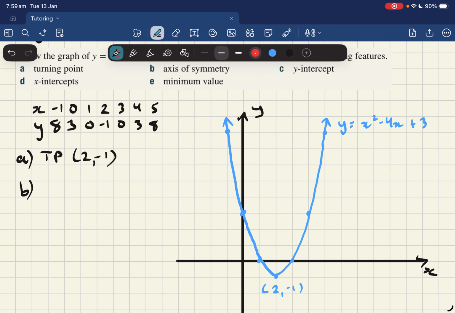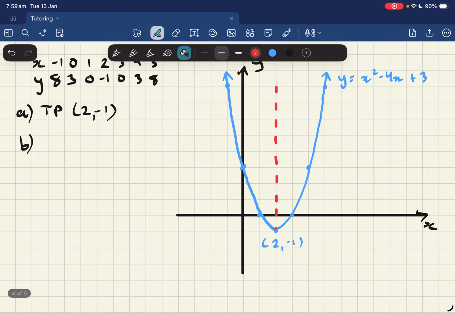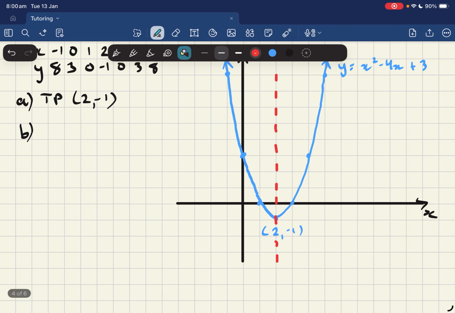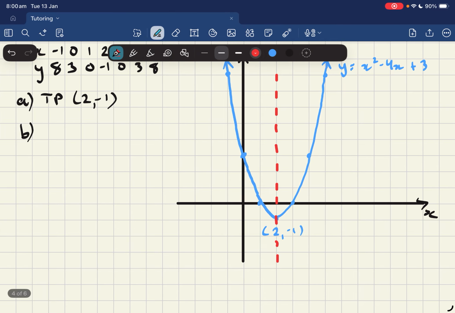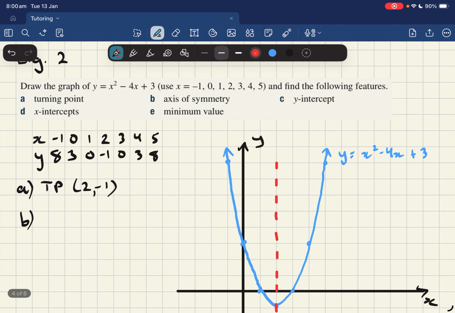So I'm going to label in my axis of symmetry. And the equation of this is a vertical line. So it's passing through an x value of 2. That lines up with this coordinate. And this is just the vertical line of x equals 2. So the equation of the axis of symmetry is x equals 2.